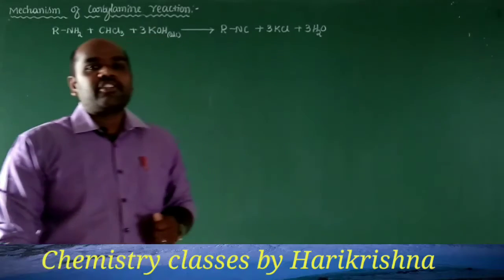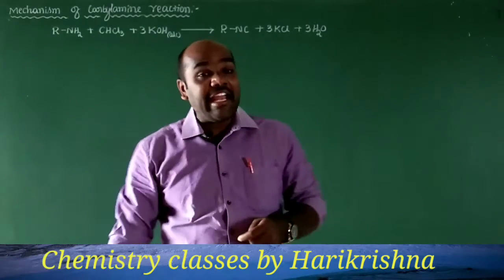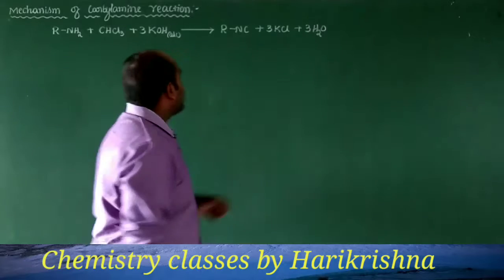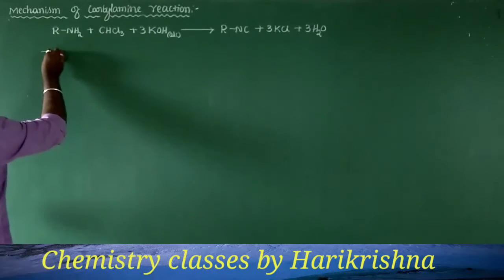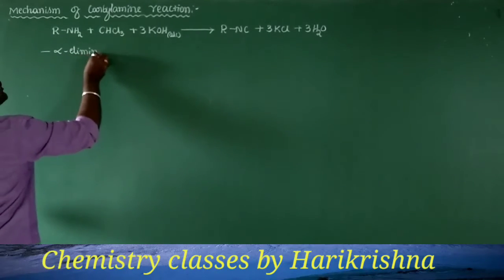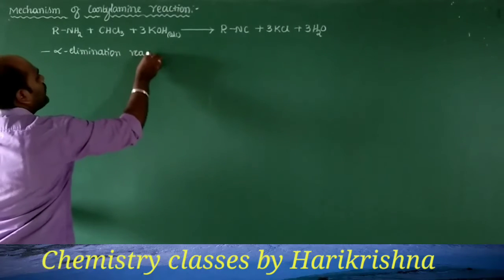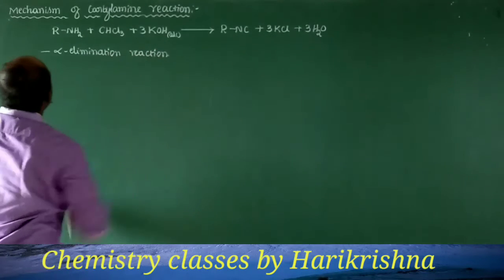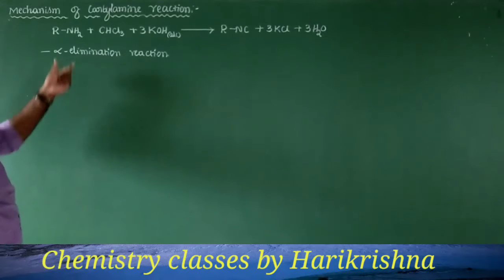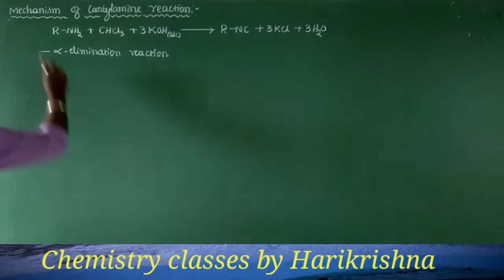This carbylamine reaction is a very good example of an alpha elimination reaction. As I said, it is a best example of alpha elimination reaction. So this point is useful for you in any competitive examination. Now we shall look at how this alpha elimination reaction occurs in developing the corresponding isocyanide.